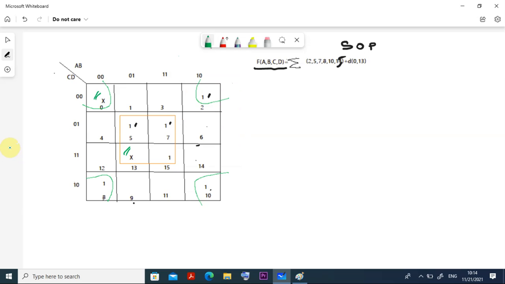That means in sum of product you write 1, or in product of sum write 0, there is no difference. Suppose another x is available here, it is not necessary, so you cannot take this value here. I need the value here, it is 1. I need the value here, it is equal to 1, right?